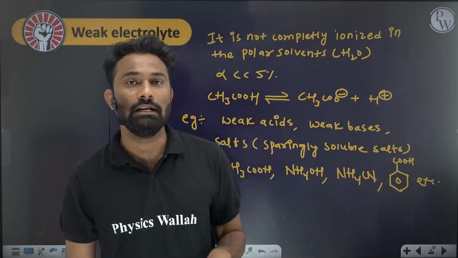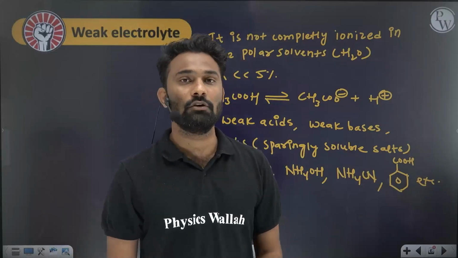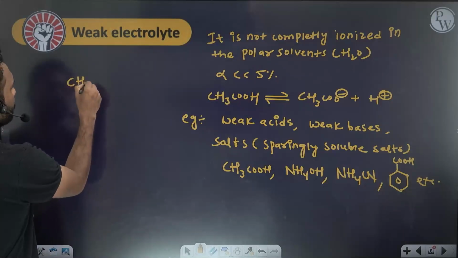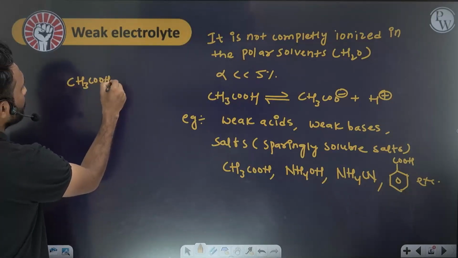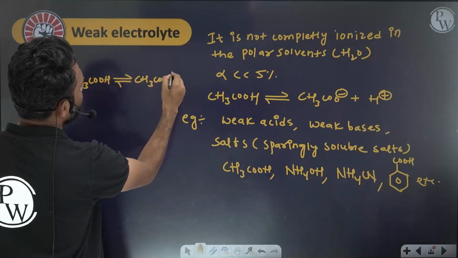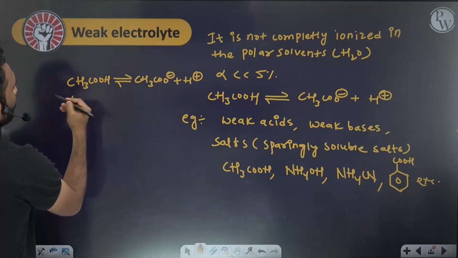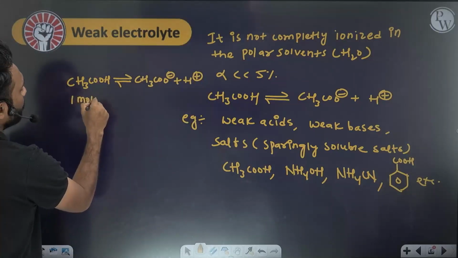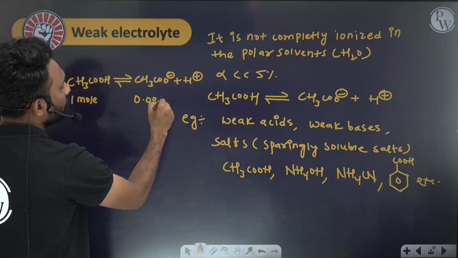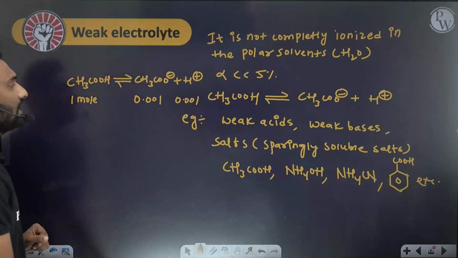Weak electrolyte means, if you take 1 mole of a weak electrolyte, for example acetic acid, it will be converted into CH3COO minus plus H plus. If you have taken 1 mole of acetic acid, only 0.01 mole of acetate ion is formed.